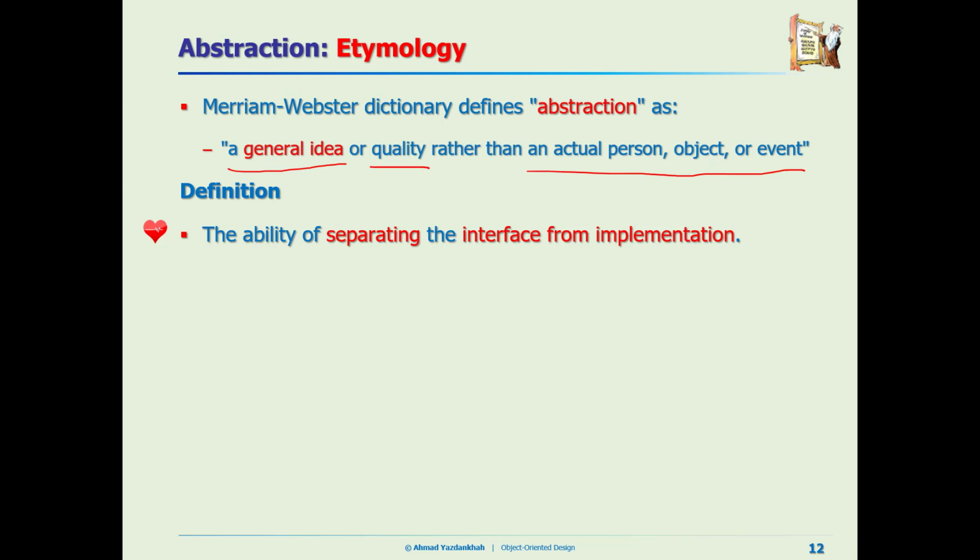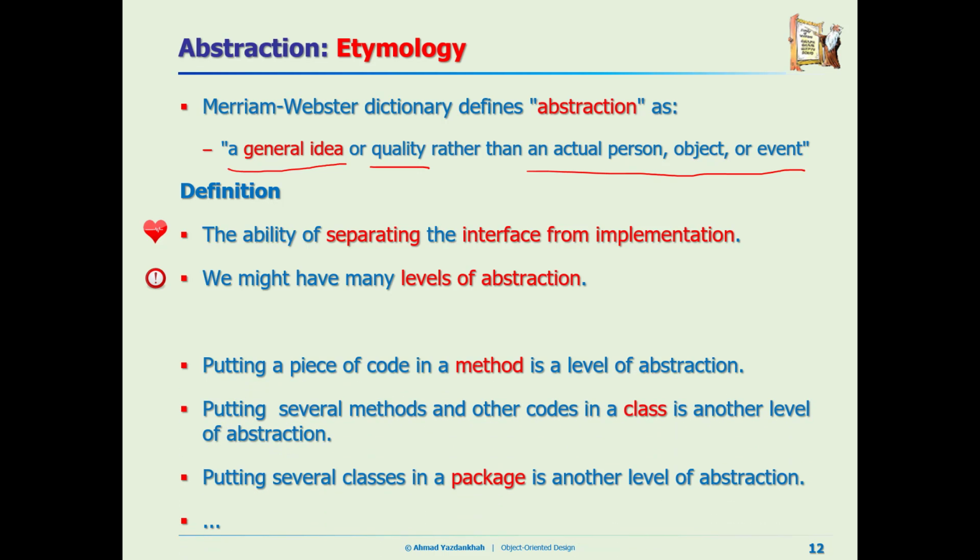As we said, we might have several levels of abstraction in computer science and in programming. For example, a method is one level of abstraction. A class is another level of abstraction. A package is another level of abstraction, right?